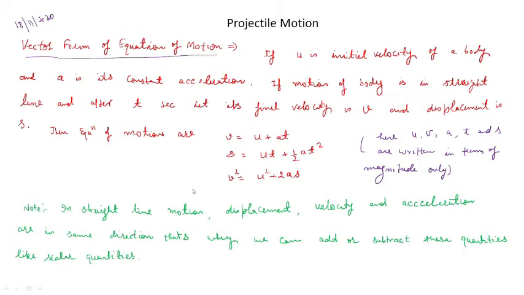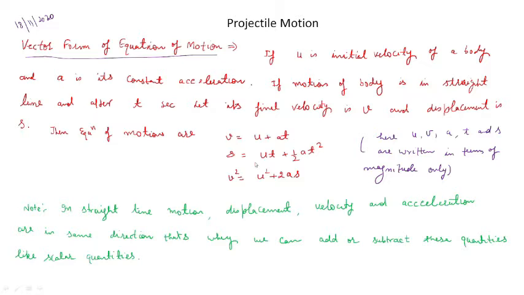It is important to note that when the motion is taking place in a straight line, then we can add the vector quantities like the scalar quantities. Here, the initial velocity and the acceleration are in the same direction.